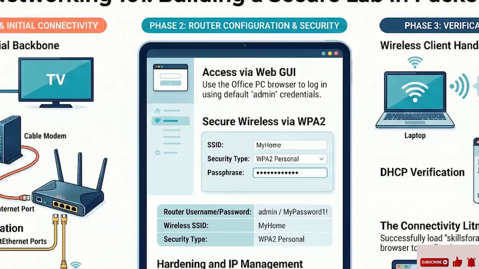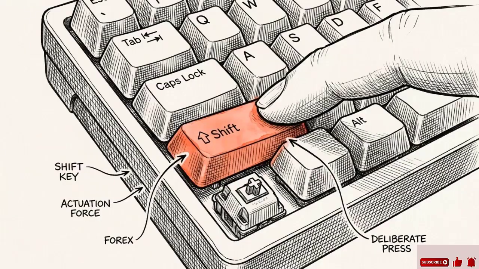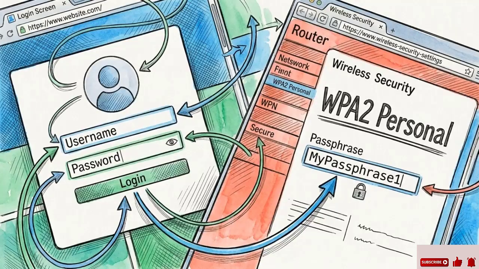The engineering solution for securing your data plane is to intentionally broadcast the network name in the open, but lock the frequencies down. Looking back at the center of the diagram under Phase 2, we accomplish this by setting the security type to WPA2 personal. To make this work, we assign a strict, case-sensitive passphrase. Capitalization matters heavily here, because a Wi-Fi passphrase isn't a standard password being checked against a static database.